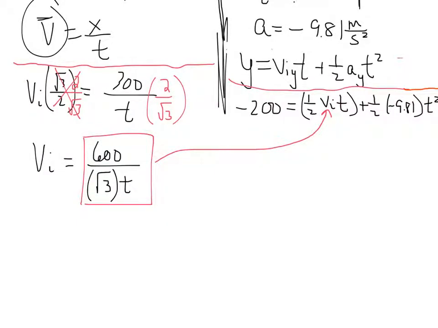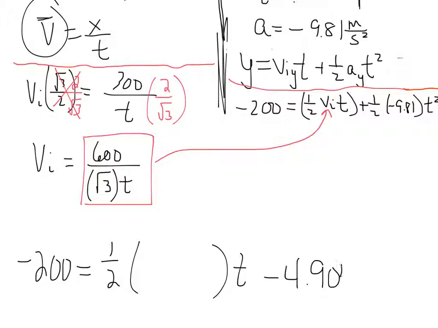Okay, the resulting equation becomes this. Negative 200 equals 1/2 times that whole expression I'm about to plug in. And now instead of plus 1/2 times negative 9.81, I'm just going to write minus 4.9. It's 4.905 really, t squared.